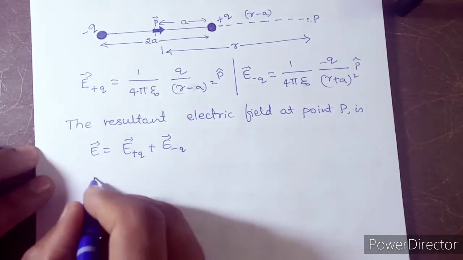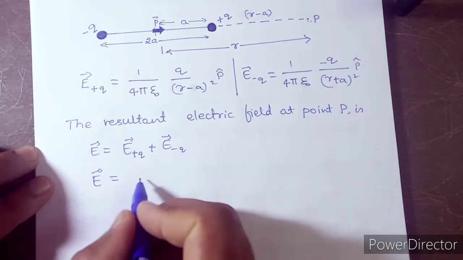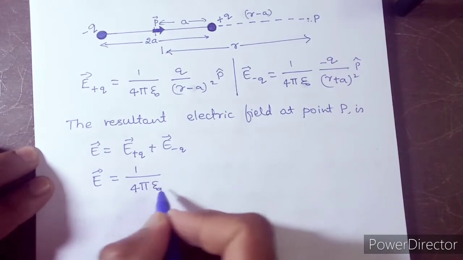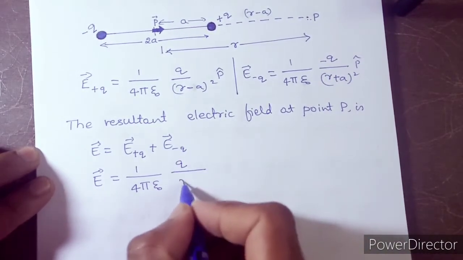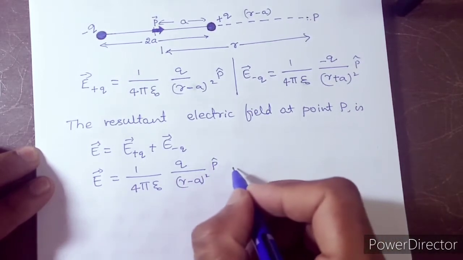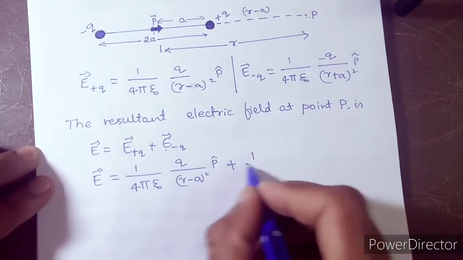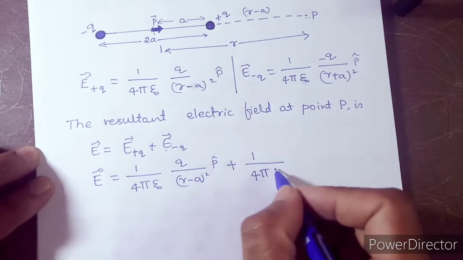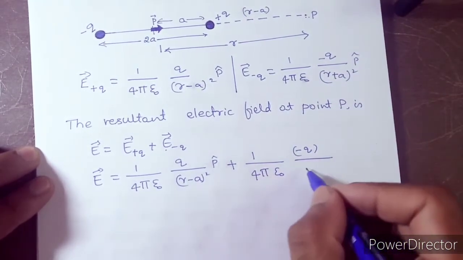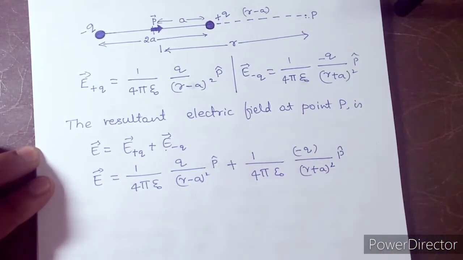Okay, so then E, this is a resultant electric field, that is equal to 1 divided by 4 pi epsilon naught Q divided by R minus A whole square into P cap, plus E minus, that is 1 over 4 pi epsilon naught minus Q divided by R plus A whole square into P cap.